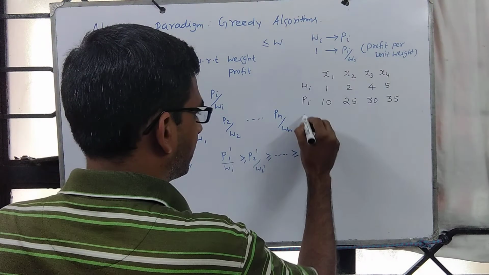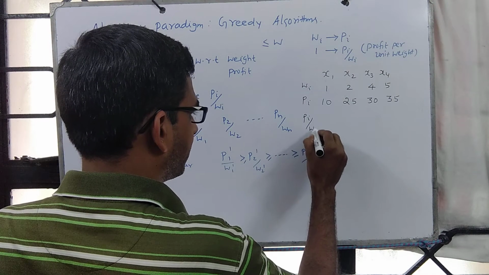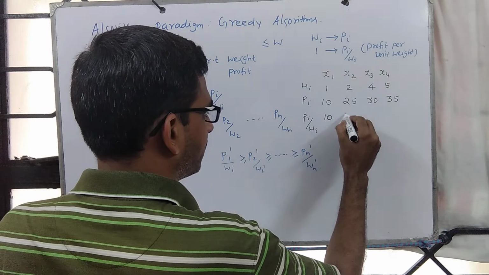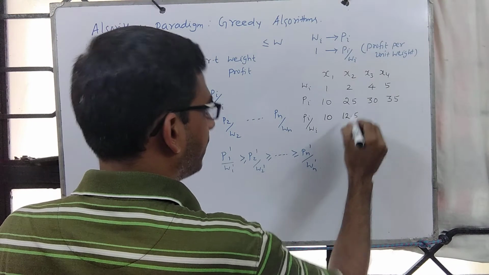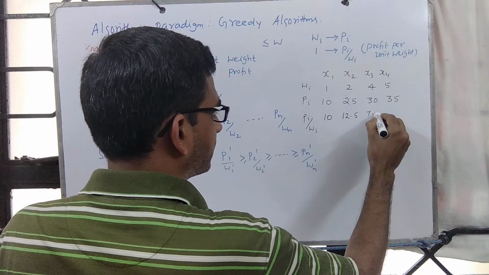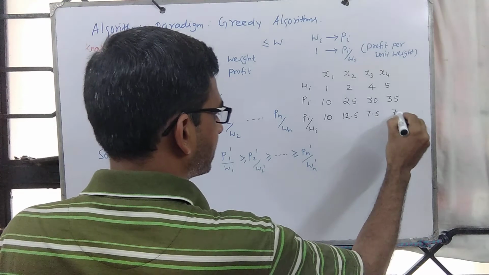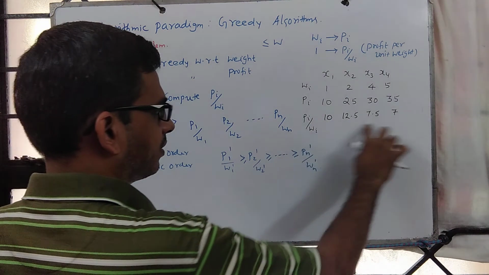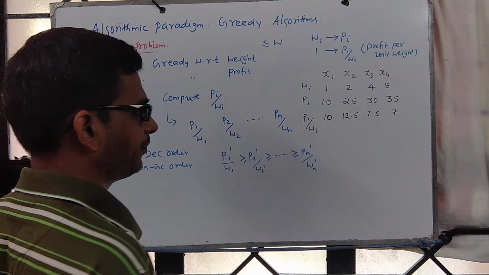Now let's look at profit per unit weight. So this will be 10, this will be 12.5, this will be 7.5, and this will be 7. Now there are no duplicates, all values are distinct.